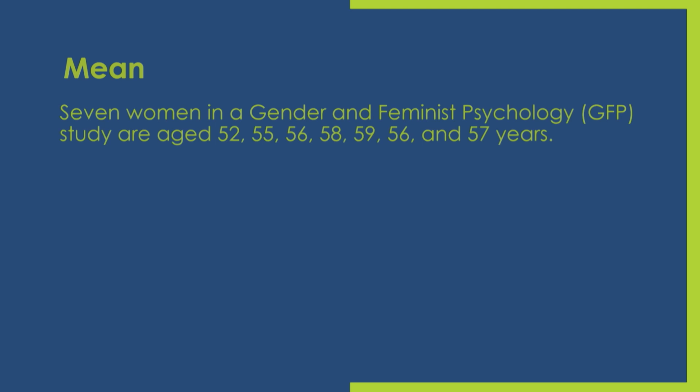Mean, it is the average. Suppose we want to calculate the average age for 7 women in a gender and feminine psychology study, aged 52, 55, 56, 58, 59, 56 and 57 years. We use the formula x bar equals summation of x divided by n.